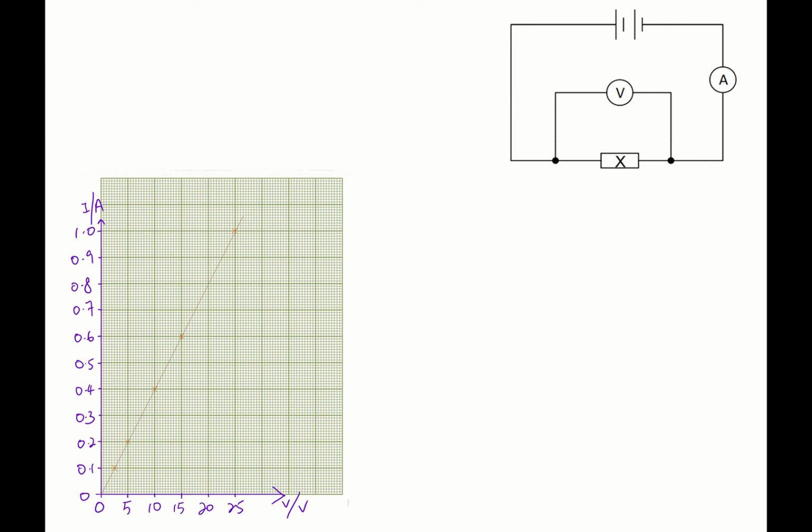After plotting the points, we get a perfect straight line passing through the origin. And from this graph, we can say that I is directly proportional to V. If you can recall what you covered in your mathematics lesson, we get this graph. In maths, usually it is y against x.